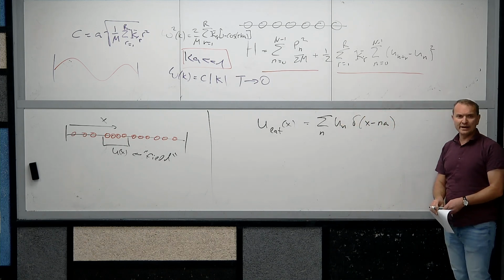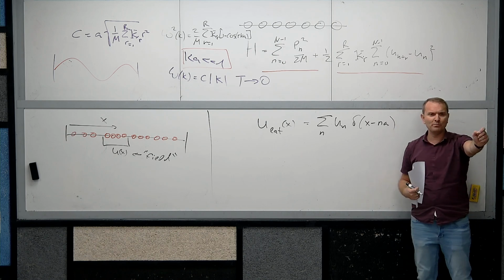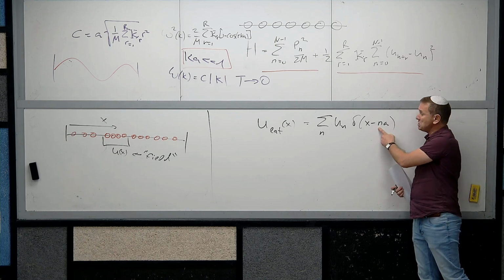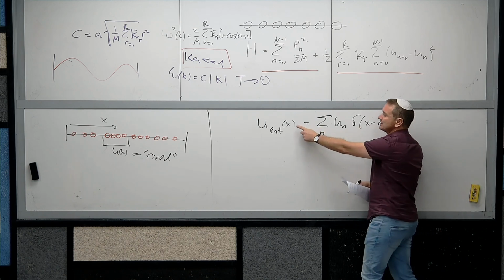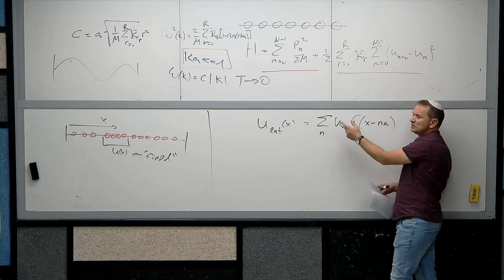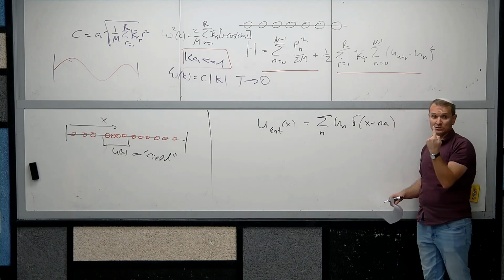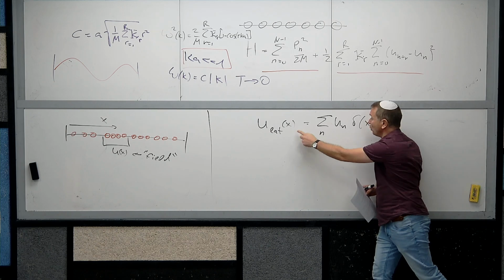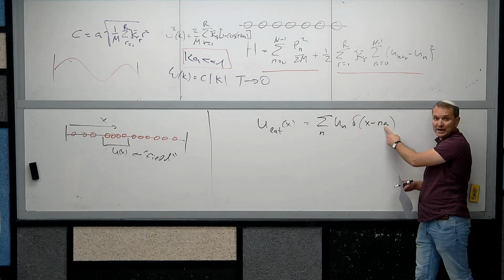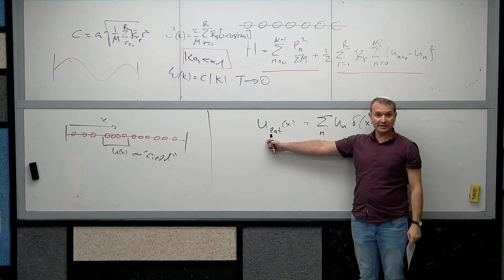So U lattice is telling me, well, you have a particle or you don't have a particle at different positions on your lattice. If x is not on some lattice point, there is no delta function and there is no contribution to the field. But if this x sits on a specific position of the lattice, I have a delta contribution to my U lattice of x.